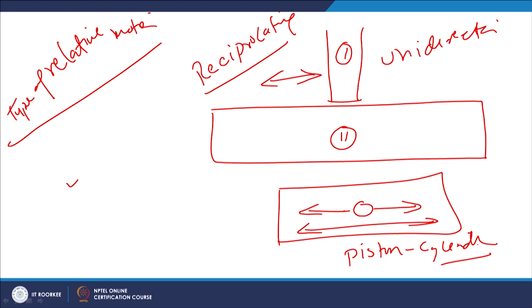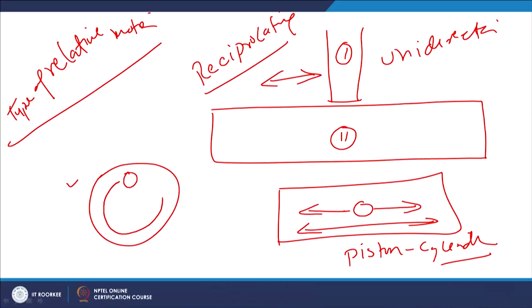But there is another kind of movement wherein the movement is unidirectional. In that case this is the counter surface and this is the pin. The pin keeps on moving in one direction only; it doesn't reverse its direction of movement.